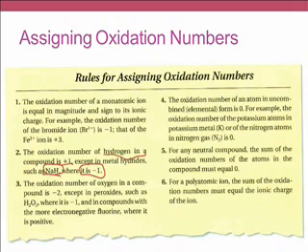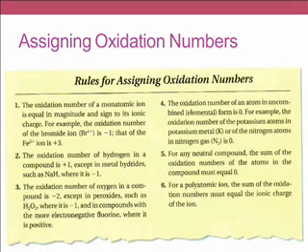Hydrogen would want that electron more, so it's going to have an oxidation number of negative 1. The same thing goes for MgH2, for example, as a metal hydride. Hydrogen is going to want that electron more than the magnesium, so it will have a charge of minus 1.